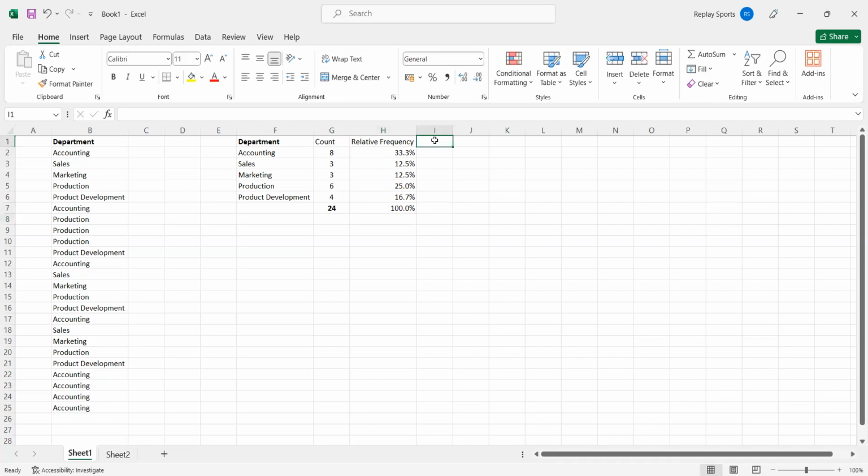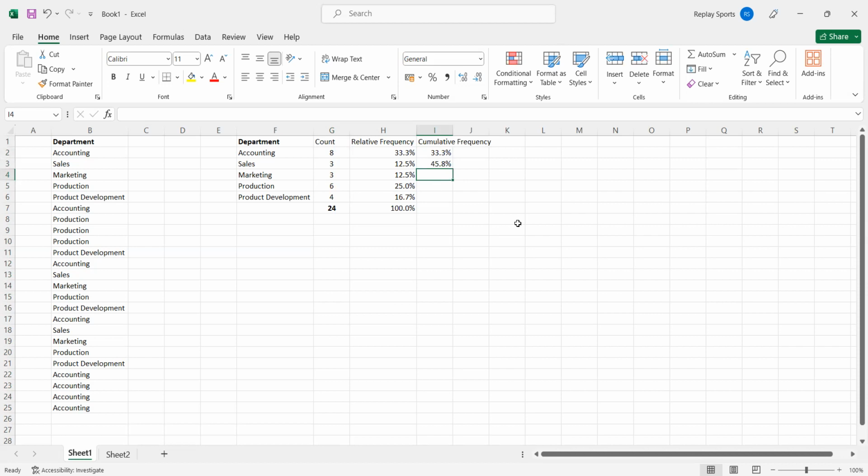Then you also have something called cumulative frequency. Cumulative frequency is total frequency. So if I look at accounting, accounting is 33%. Then sales and marketing is going to be 33 plus 12.5, 45%.